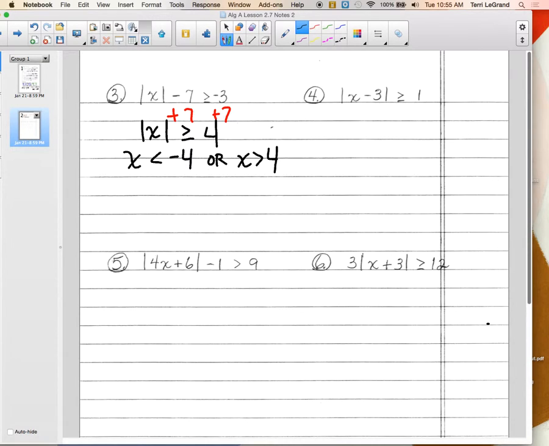Okay. No equal to bar? Oh yeah, equals. Is that kind of important in this one? Yeah, because this says x's distance has to be at least 4 units away, 4 or more. So all the numbers starting at -4 and headed left, they all have a distance of 4 or more.